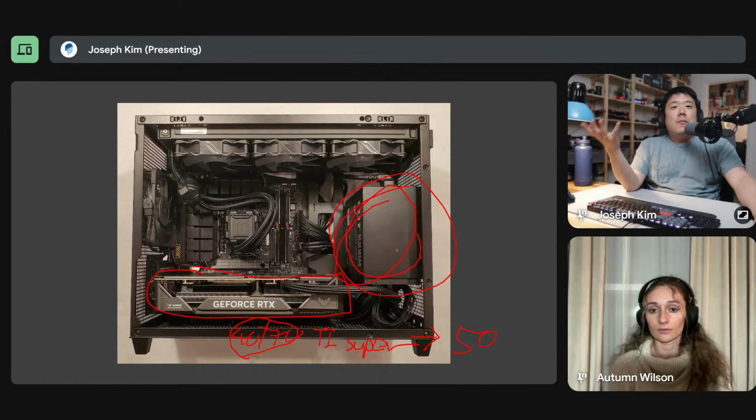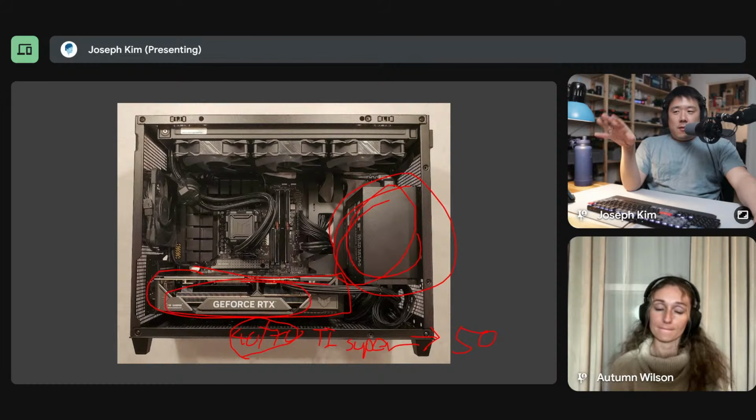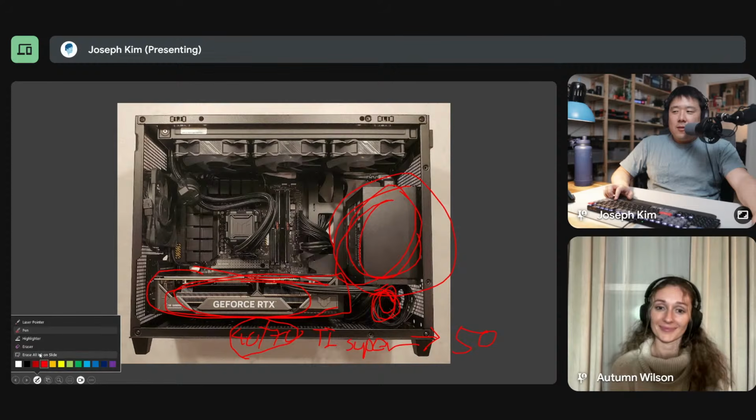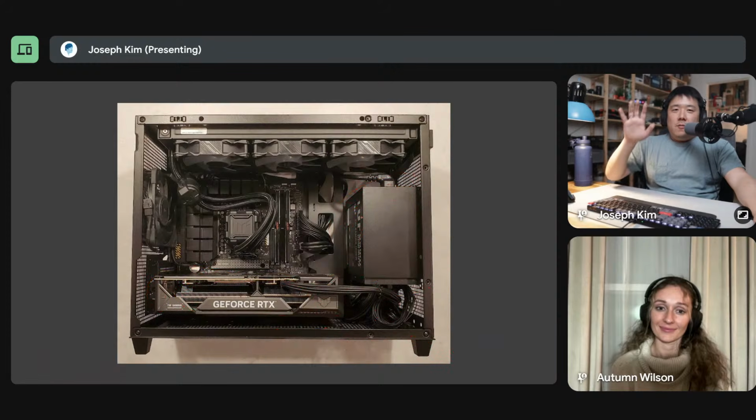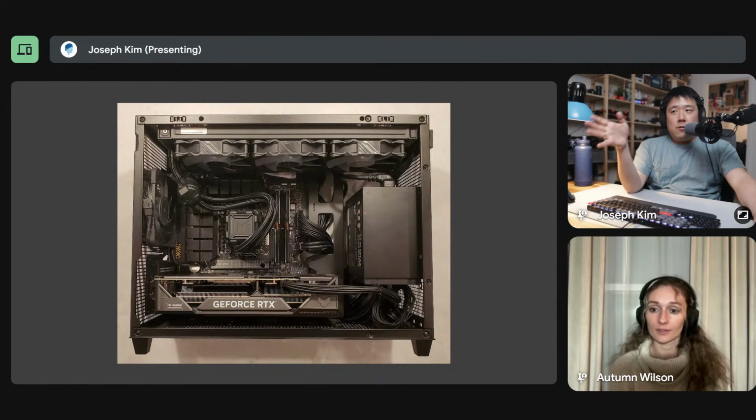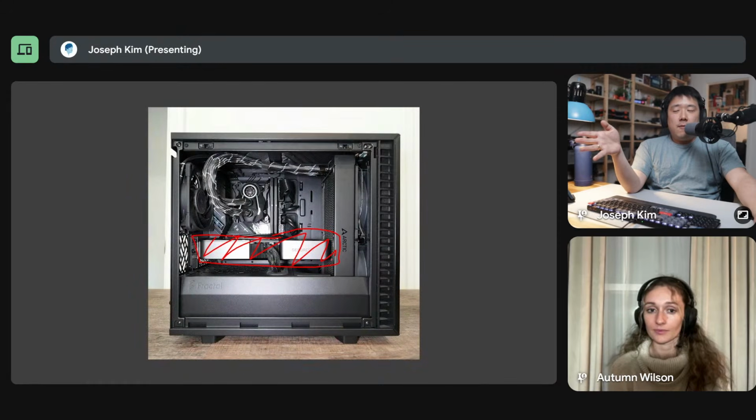You can swap that out too. It is a little harder, I would say, than replacing a graphics card, because you have to mess with all of these bundles of wire in the back. So hopefully the machine that you have has enough power already for you to fit a better graphics card.